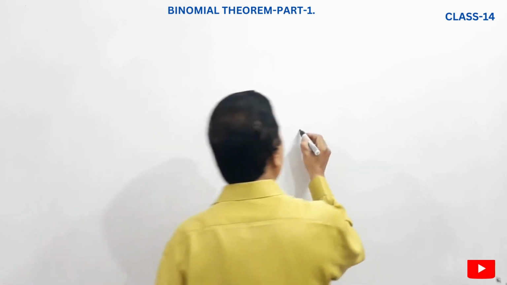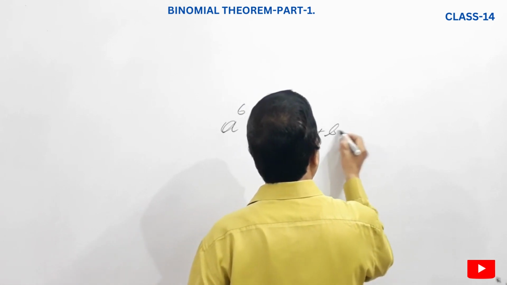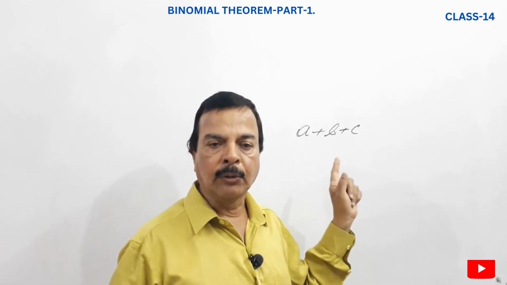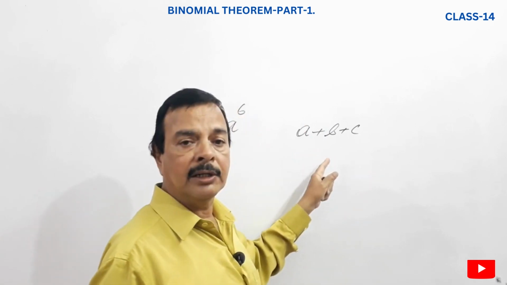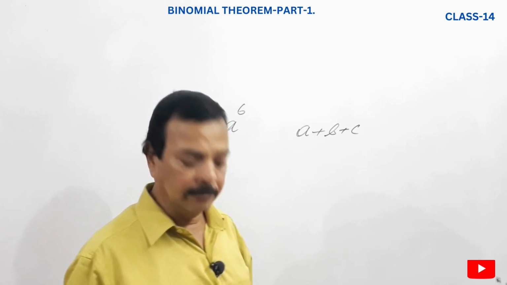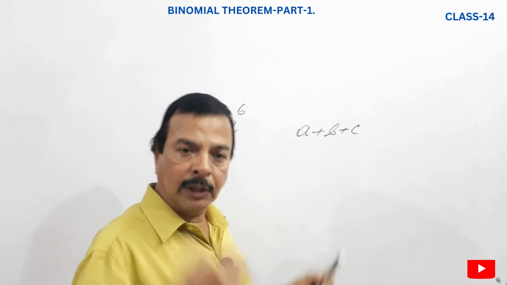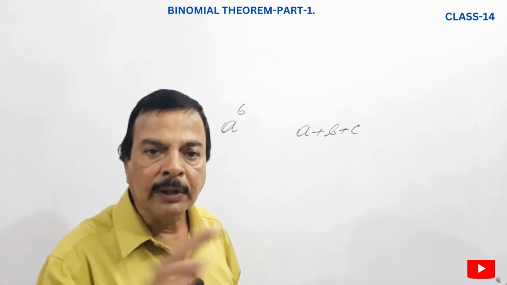Let us take another example. a plus b plus c. Can we call this a binomial? No, because it does not contain two terms, but it contains three terms. If it is single or triple, more than two terms, it cannot be a binomial.